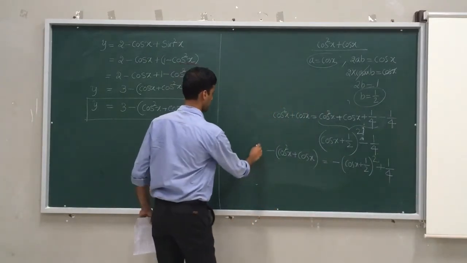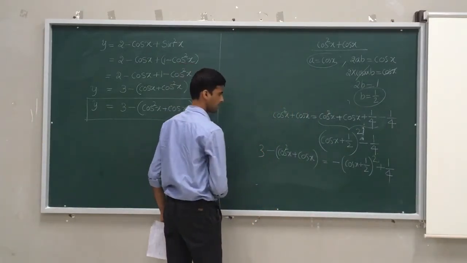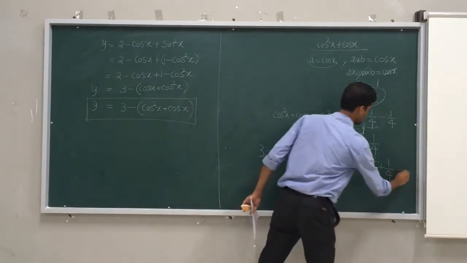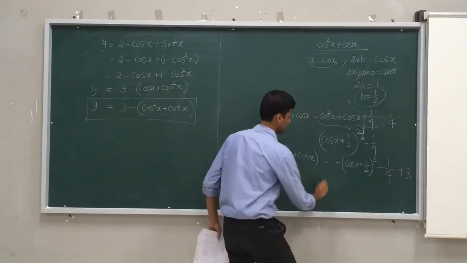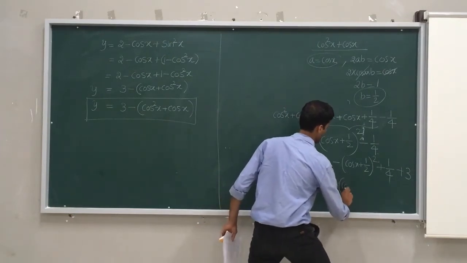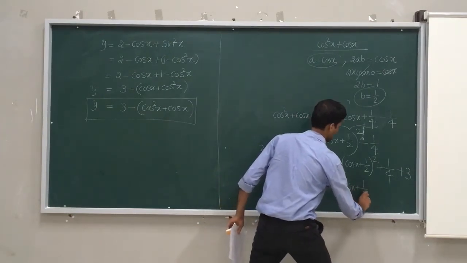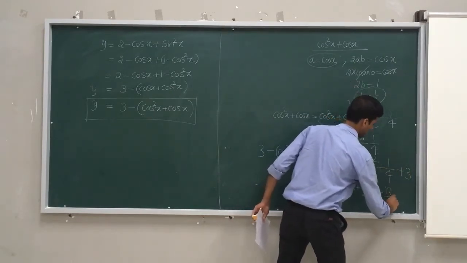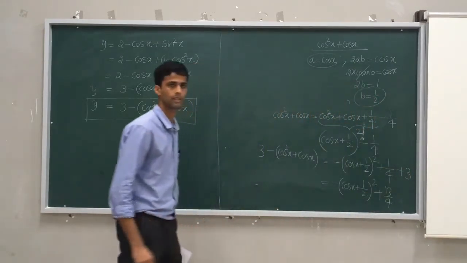Okay, therefore when you add 3 to that expression, it becomes minus of cos x plus 1 by 2 the whole square plus, 4 3s are 12, 12 plus 1 is 13, so it is 13 by 4.